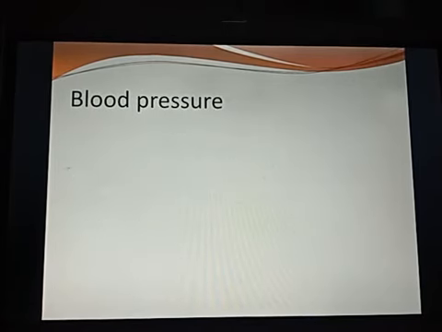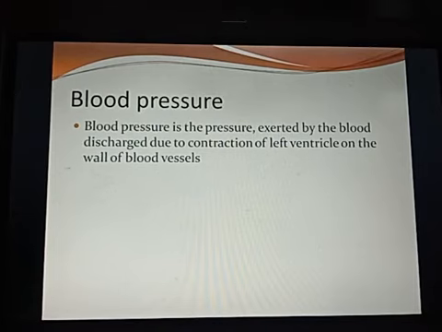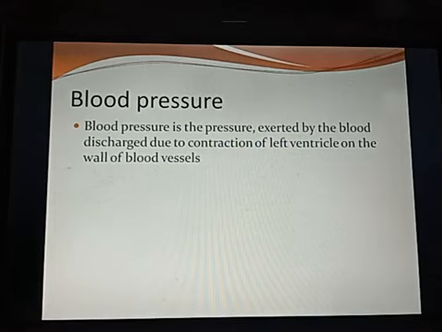Now, what is blood pressure? Let us see what blood pressure is. We know blood flows into the blood vessels with a pressure. Sometimes it flows at a very high speed, at a very high pressure. Sometimes the pressure is less. Blood pressure is the pressure exerted by the blood discharged due to the contraction of the left ventricle.